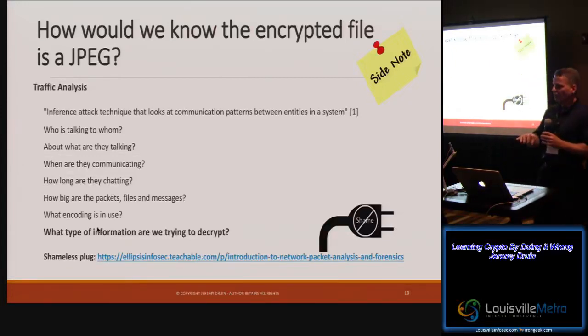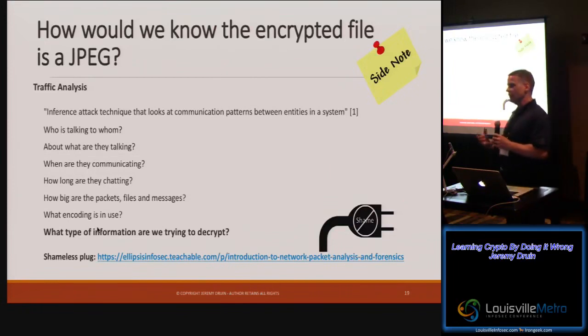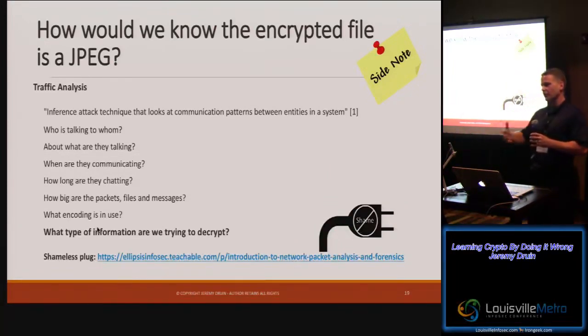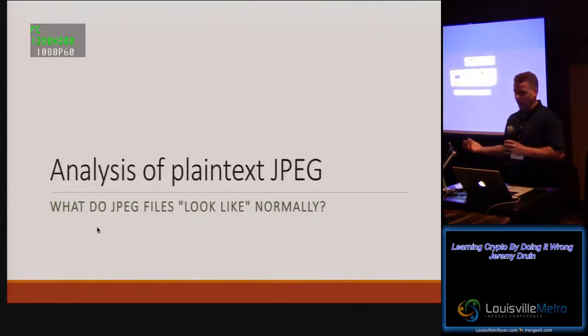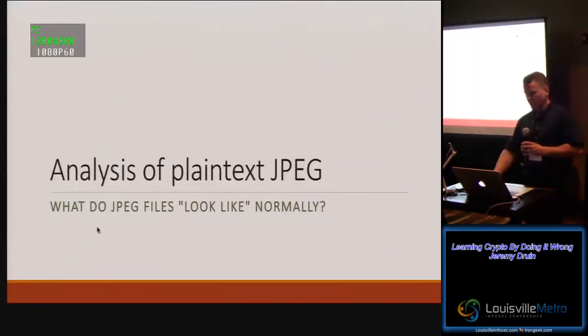Certainly, this has a lot in common with folks that work in security operations, who are very interested in, even if they can't understand what's going on as far as whether this is command and control beaconing back, just the fact that something's happening exactly every 60 seconds to an IP that's halfway around the world, that in and of itself is useful information. And that kind of analysis is how we would figure out that this was a JPEG or whatever the actual file format was.